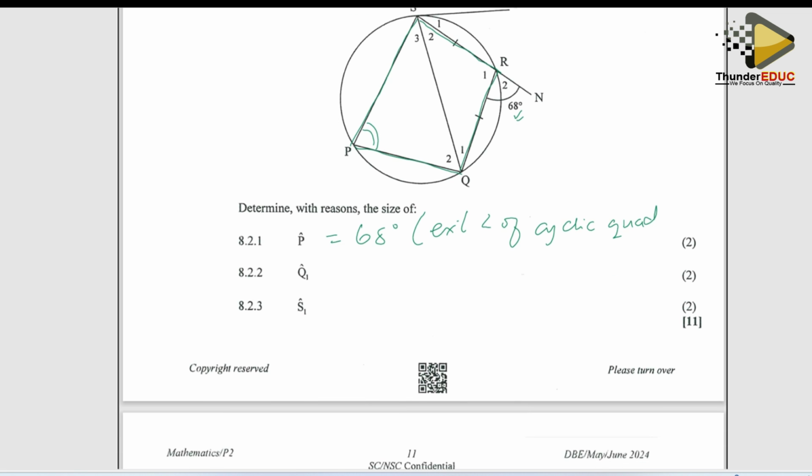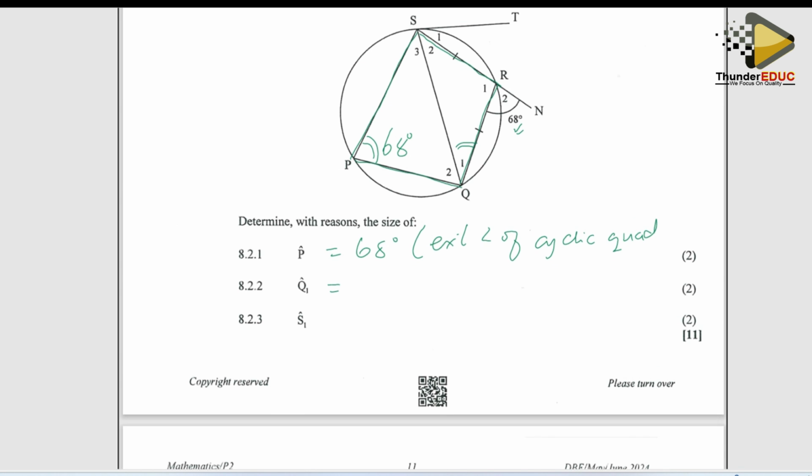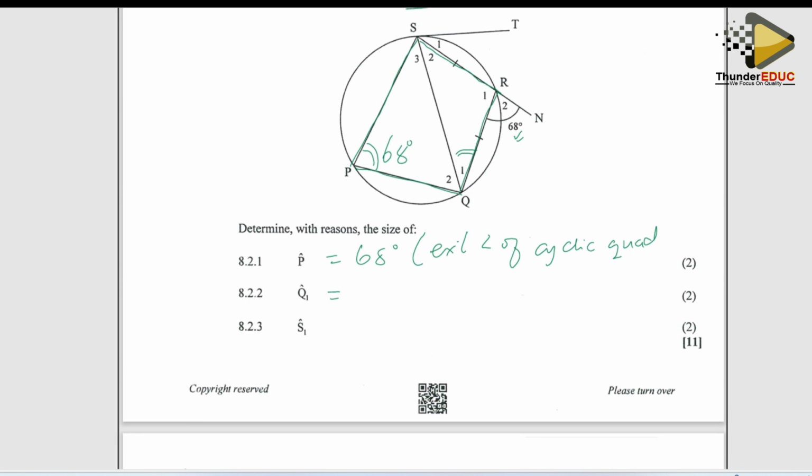Then Q1, they want us to get Q1. So if this is 68, where is Q1? What I can notice is this S2 is the same as Q1, because those are angles opposite equal sides.